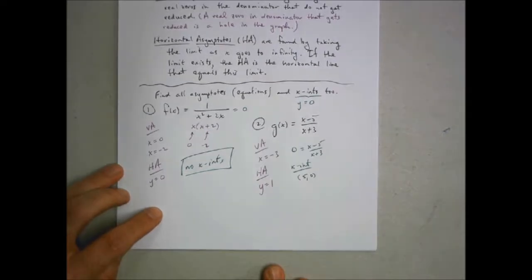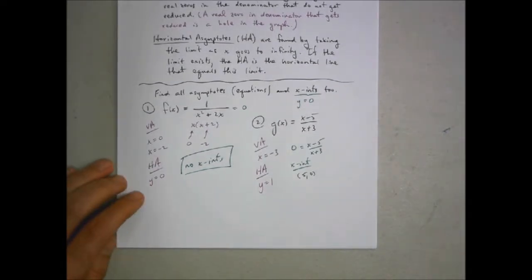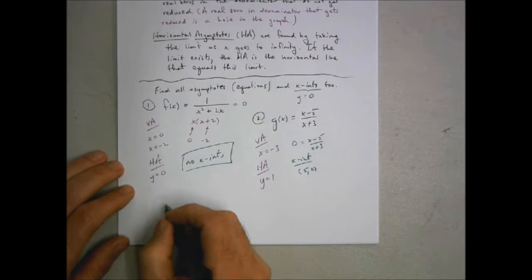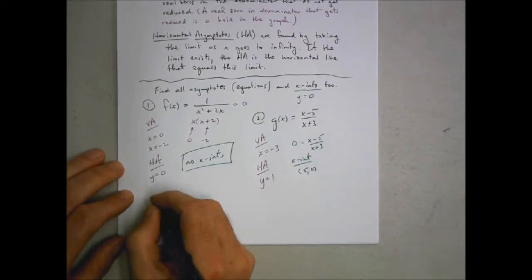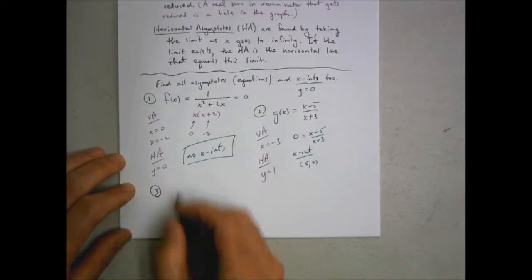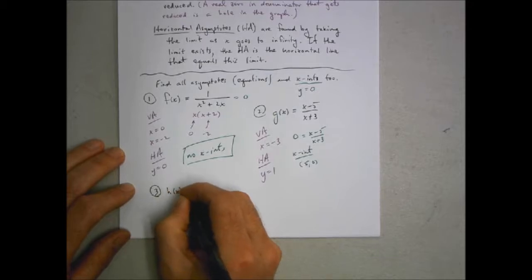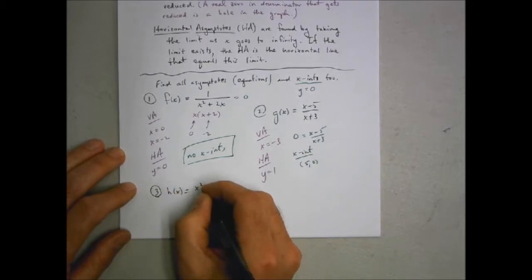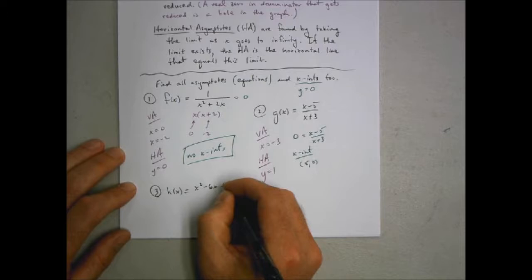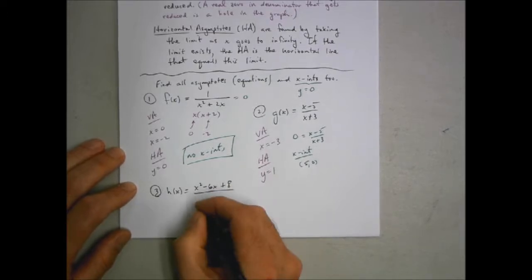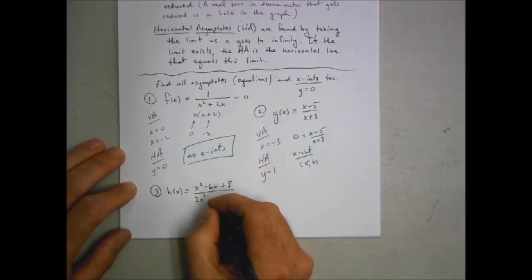Okay, moving on. Last one of these before we start graphing. Number 3, h of x equals x squared minus 6x plus 8 all over 2x squared minus 2x minus 24.